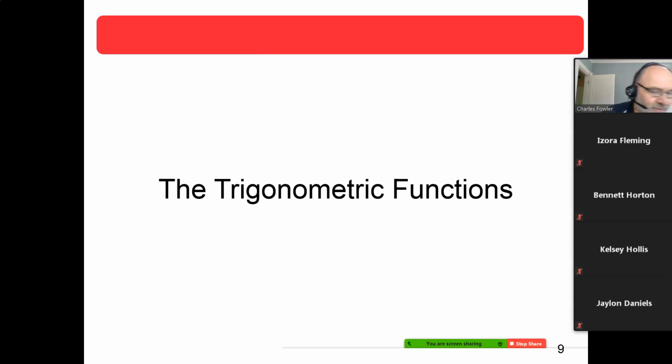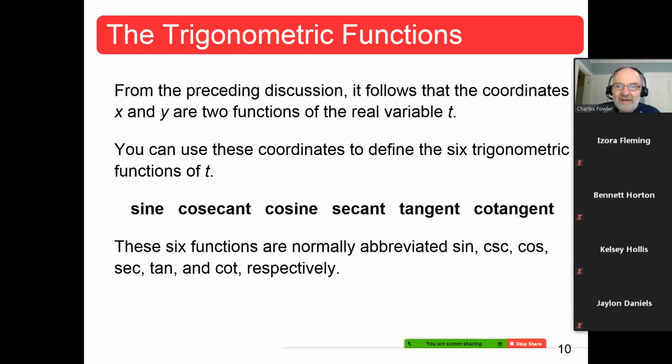Now, we're on page 271, top of the page, the trigonometric functions. Okay. From the preceding discussion, it follows that the coordinates x and y, remember every (x, y) point on that unit circle, any point there on that unit circle, the coordinates x and y are two functions of the real value t. x is a function of t, y is a function of t.